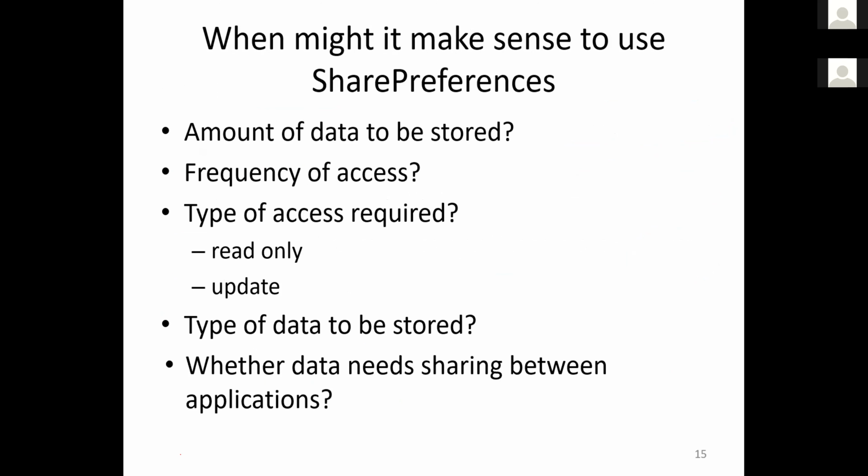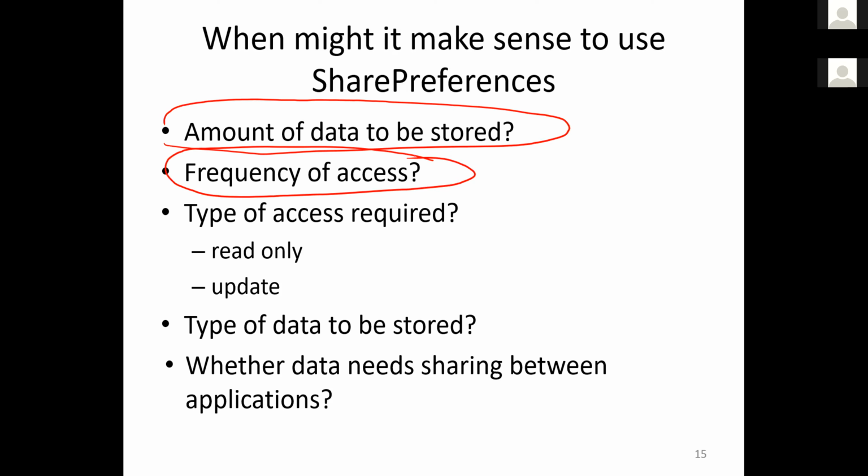There are some questions you have to ask yourself when you're doing shared preference. What amount of data can be stored? What's the frequency of access? The types of access required, read-only, update, and so on, the type of data to be stored, and whether the data needs sharing between applications. For shared preference, the amount of data is not a lot.